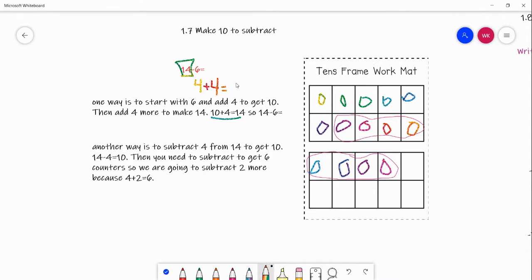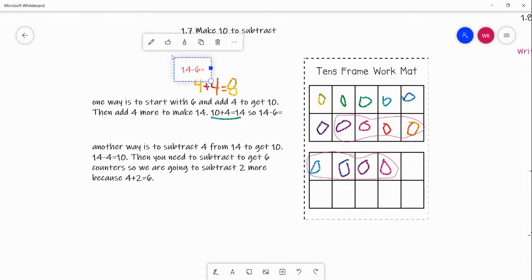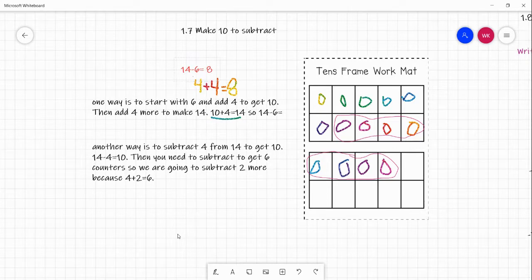It's one of our doubles facts. 4 plus 4 equals 8. So that is our answer. 14 minus 6 equals 8. I am going to type that in. 14 minus 6 equals 8.